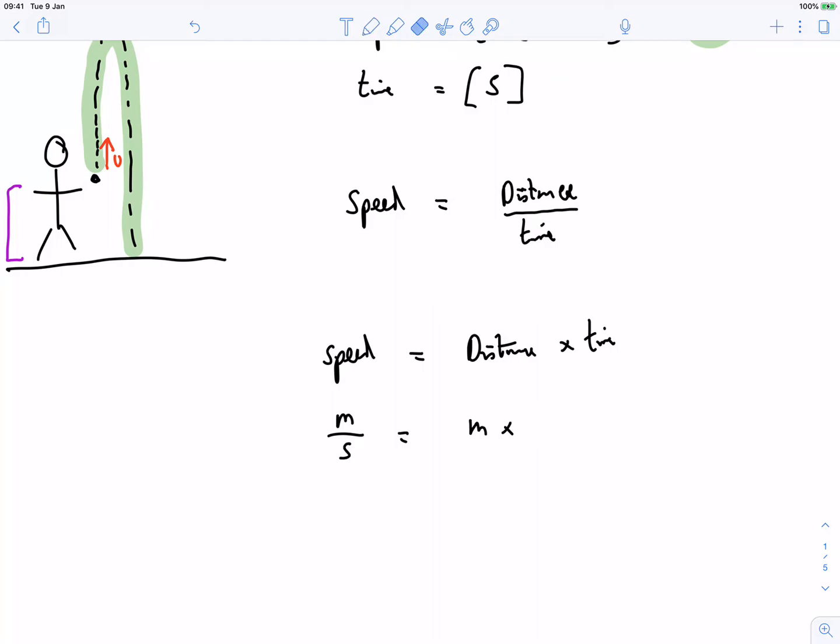Clearly, unless s is 1, which seconds aren't, seconds are a variable, then this doesn't make sense. So we can look at the dimensions, and it's a very skipped over form of dimensional analysis, but it does become important later on, and we'll talk about it in more detail when it comes up.